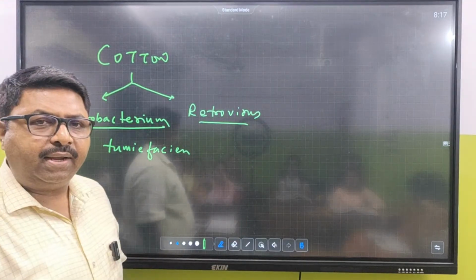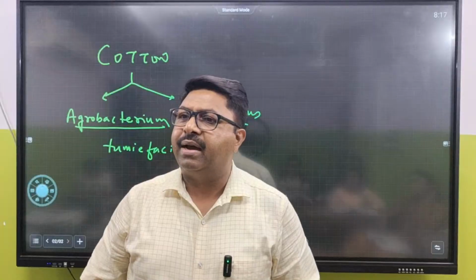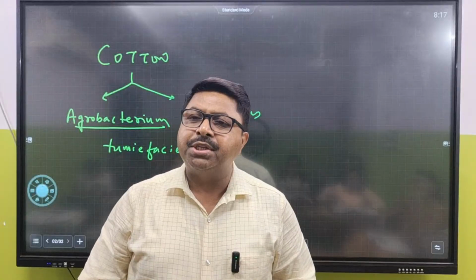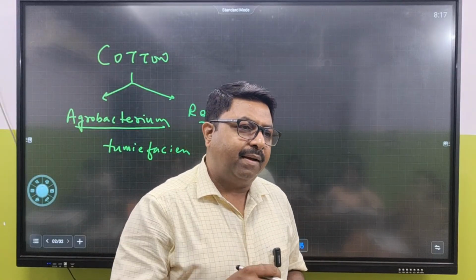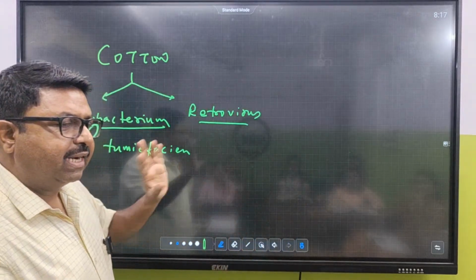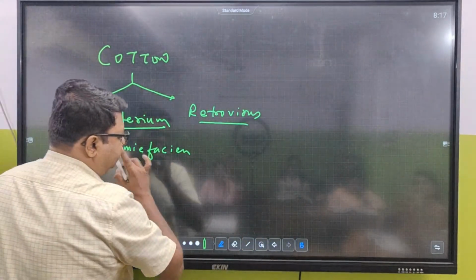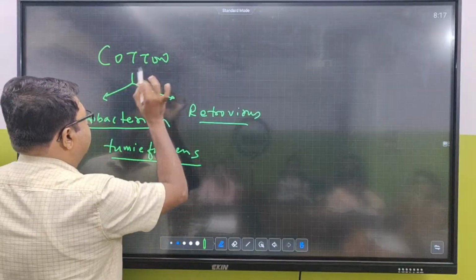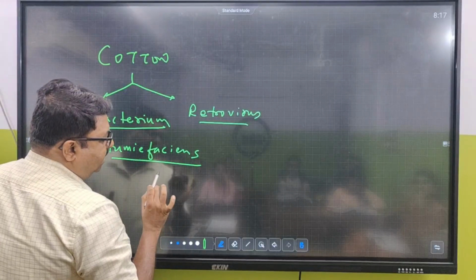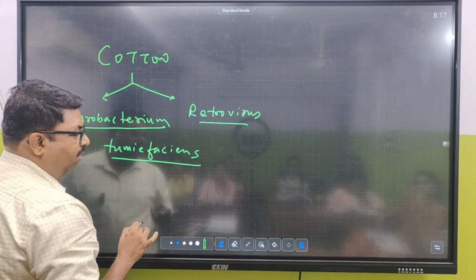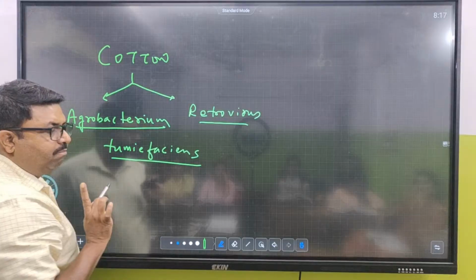We can remove the RNA and introduce our gene of interest and allow the virus to infect the plant cell. So it's going to put the gene of interest inside the plant cell. Now, this Bt cotton plant already has the DNA of Bacillus thuringiensis.